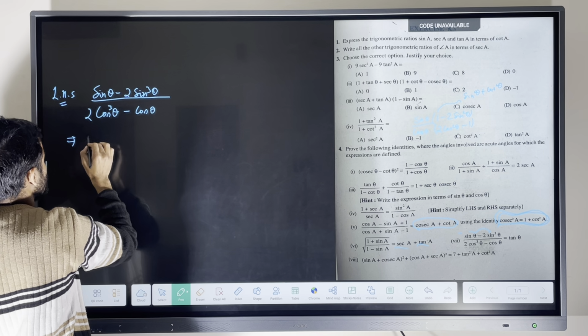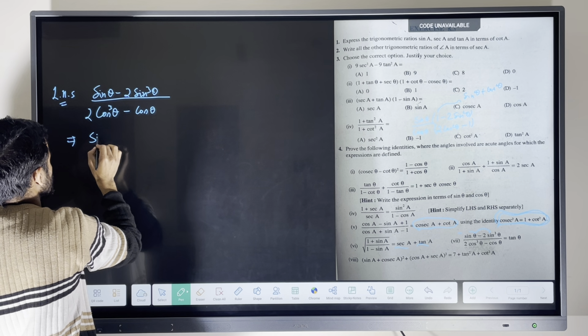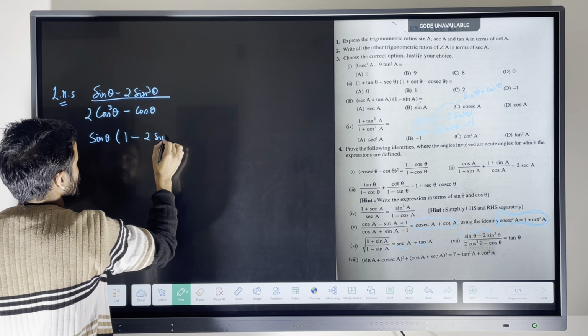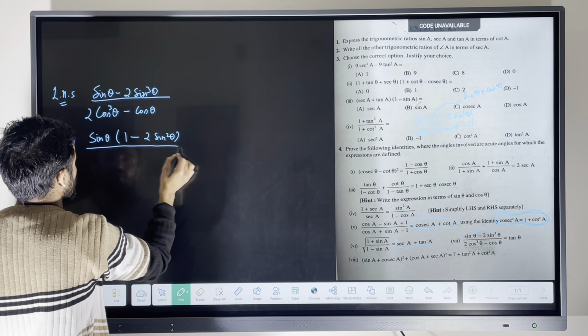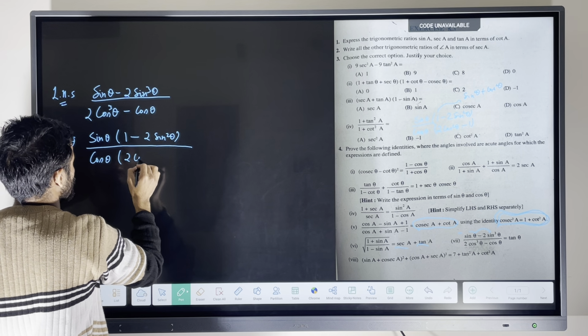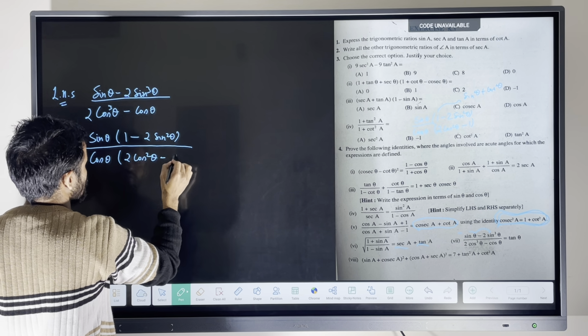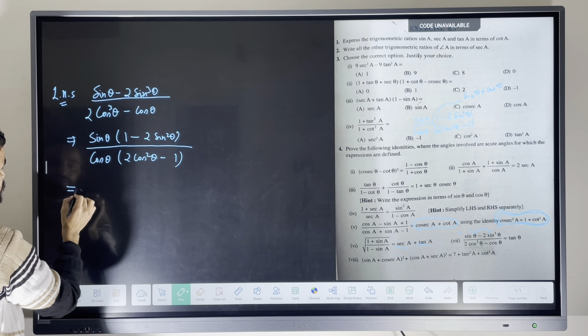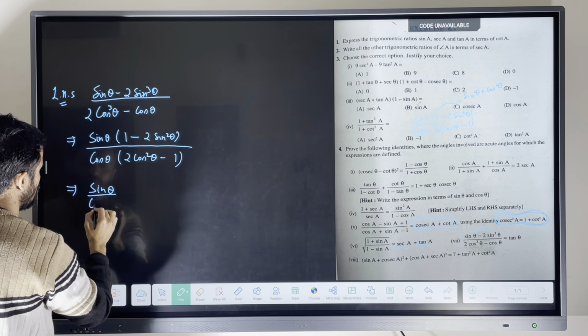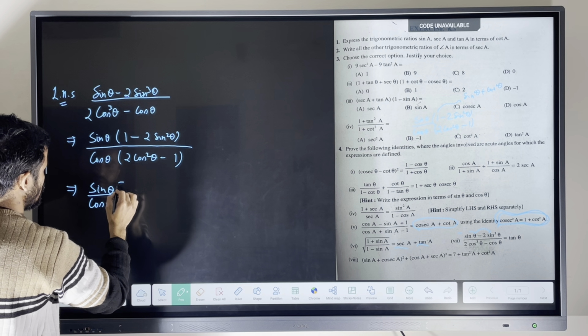So from the numerator we take sin theta as common, so it will be 1 minus 2 sin square theta. And from the denominator we take cos theta as common, so it will be 2 cos square theta minus 1. Now it will be sin theta upon cos theta.